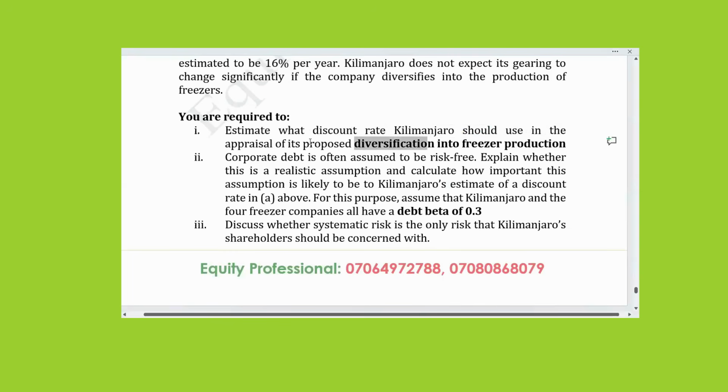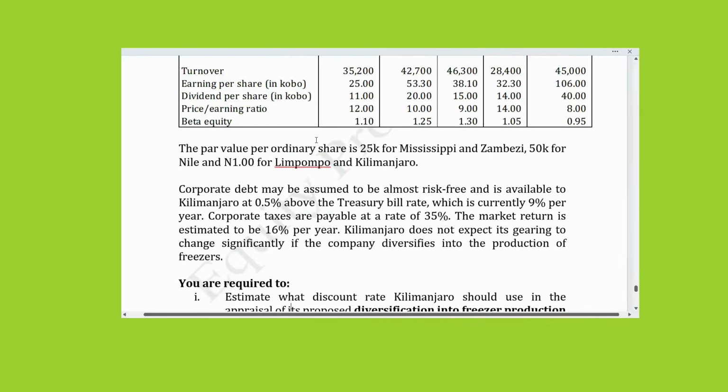So something should come to your mind that this question relates to project-specific cost of capital, because here the examiner is asking you to estimate what discount rate Kilimanjaro should use for evaluation of its proposed diversification into freezer production. So from this requirement, it is clear that you are going to calculate project-specific cost of capital.